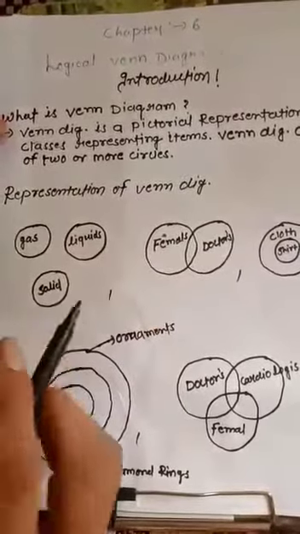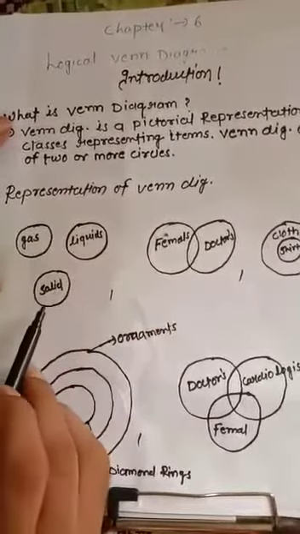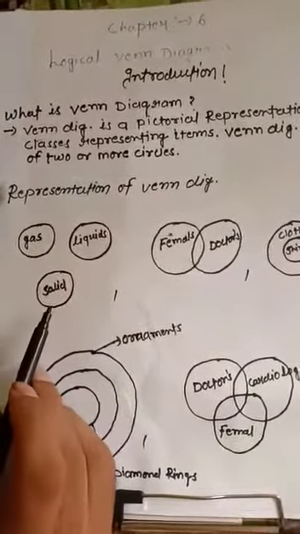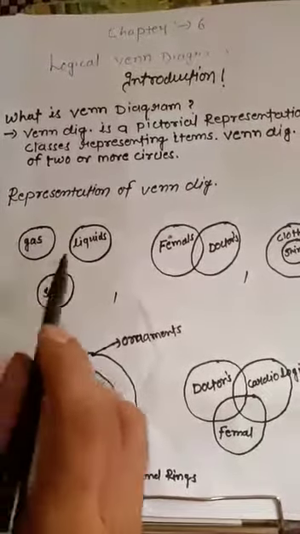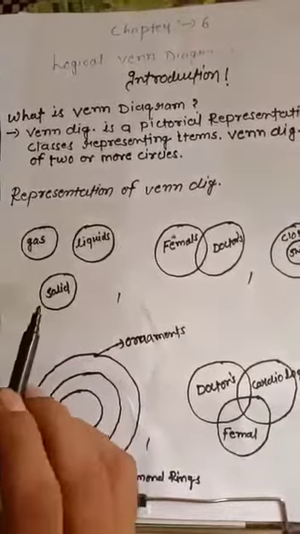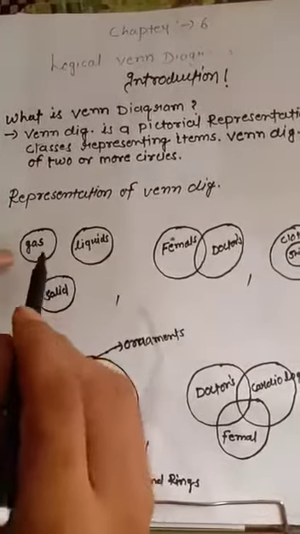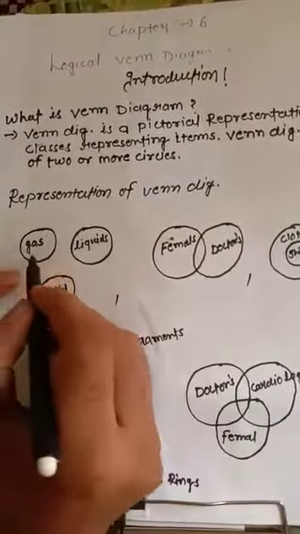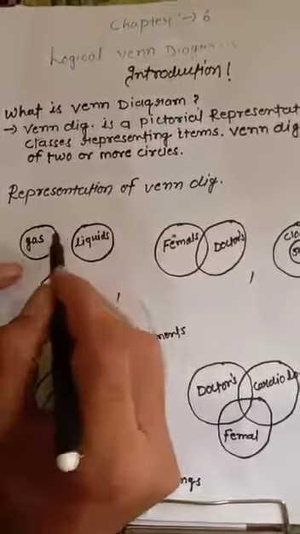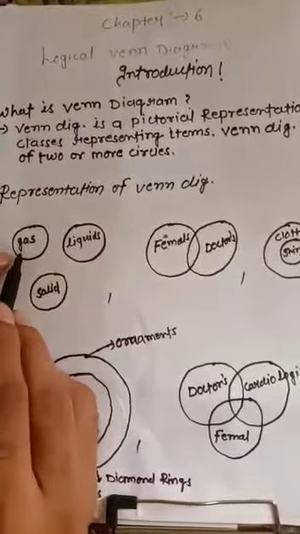See, here I mentioned that gas, liquid and solid, these three things are represented with the help of circles. That is called a Venn diagram. Now, what is the relationship between solid, gas, and liquid? If you mention a circle for a class, that means you are talking about gas.